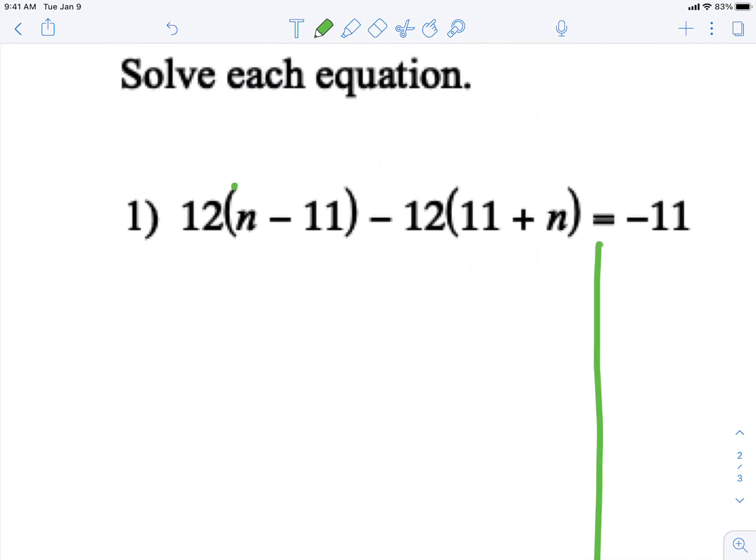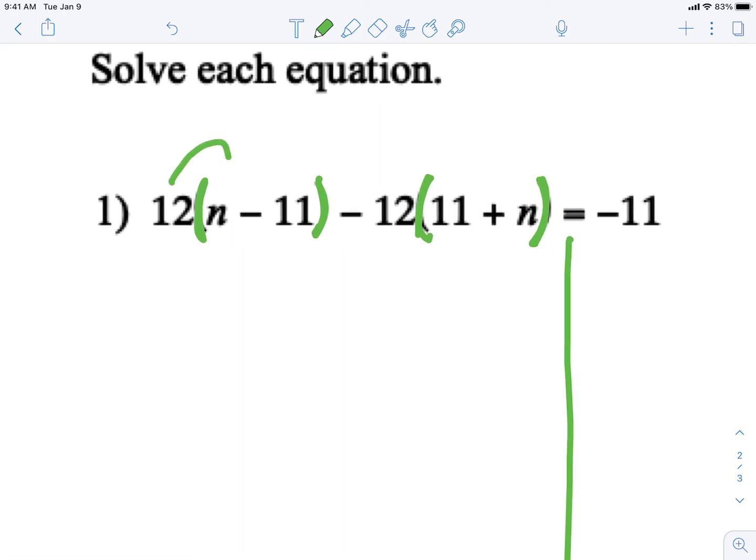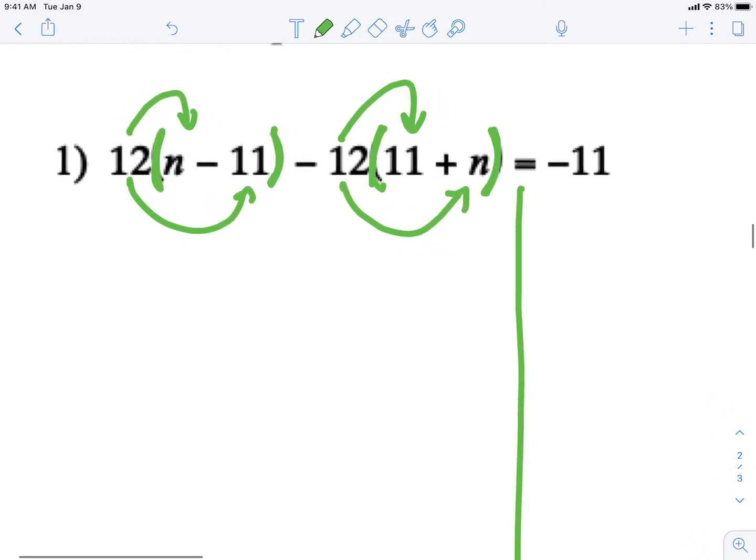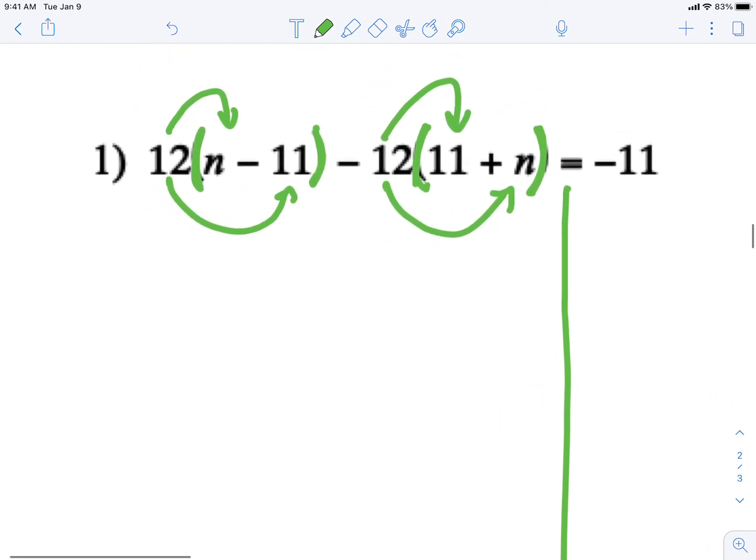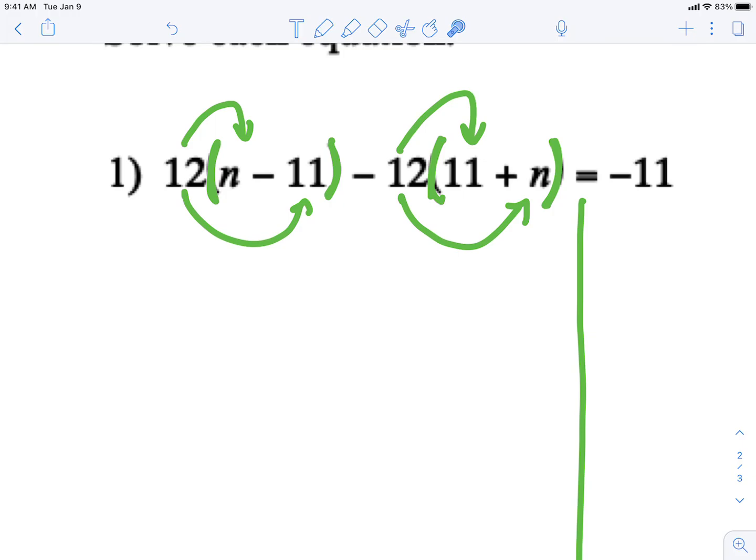I notice my parentheses. That means I'm going to distribute 12 times n on top, 12 times negative 11 on the bottom, negative 12 times 11 up top, negative 12 times n on the bottom, right? So let's multiply. 12 times n is 12n.